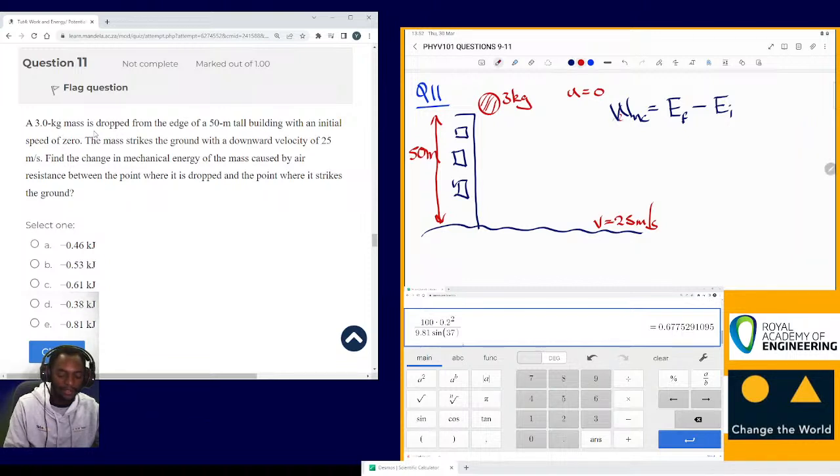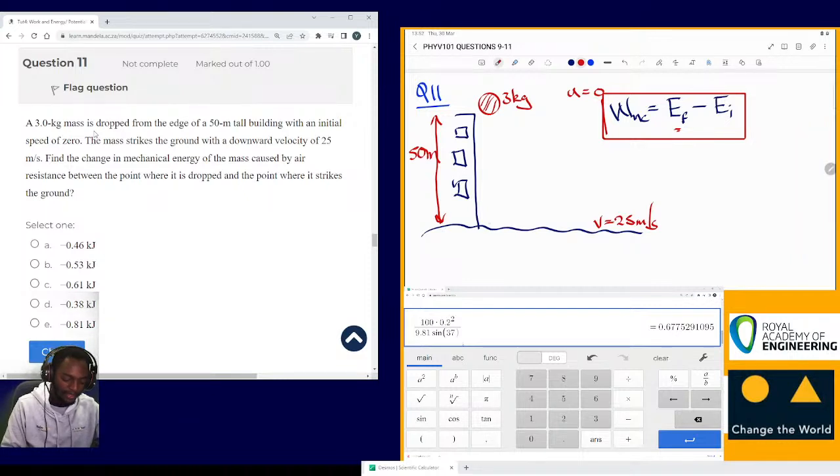The work done by the non-conservative force is equal to the final mechanical energy minus the initial mechanical energy. And what is our final mechanical energy?